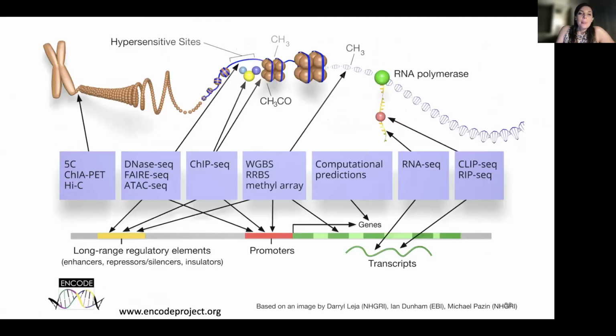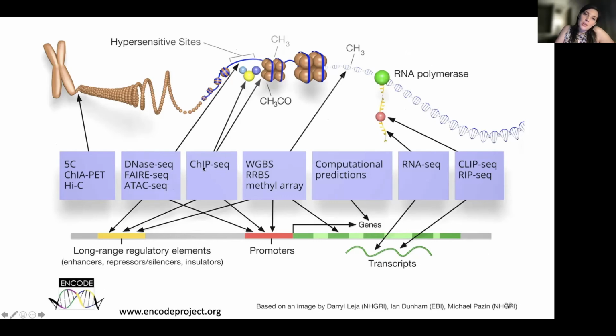And this is a kind of descriptive figure of all the different data sets they have. Not all molecular assays have been performed on all of the tissue types that they have, but they do have this is the chromatin conformation that we talked about. These are things to look at open chromatin. We didn't touch on FAIRE-seq, but it's very similar to DNase-seq and ATAC-seq.